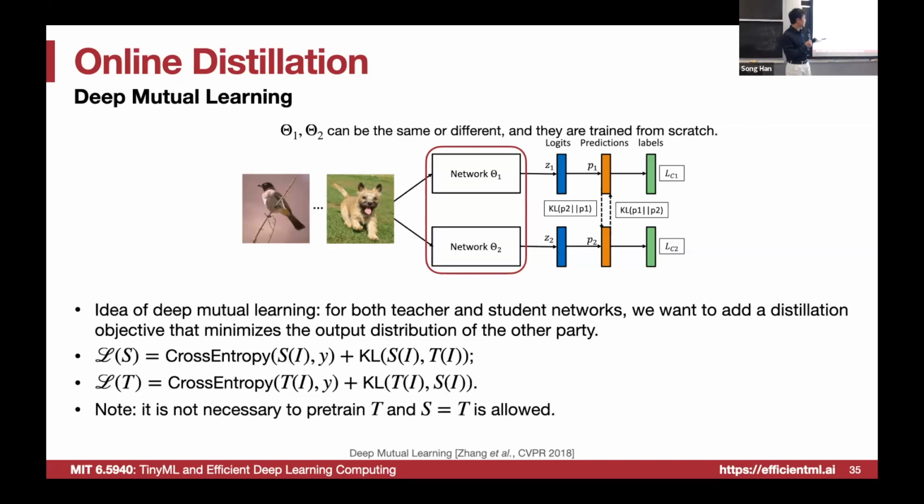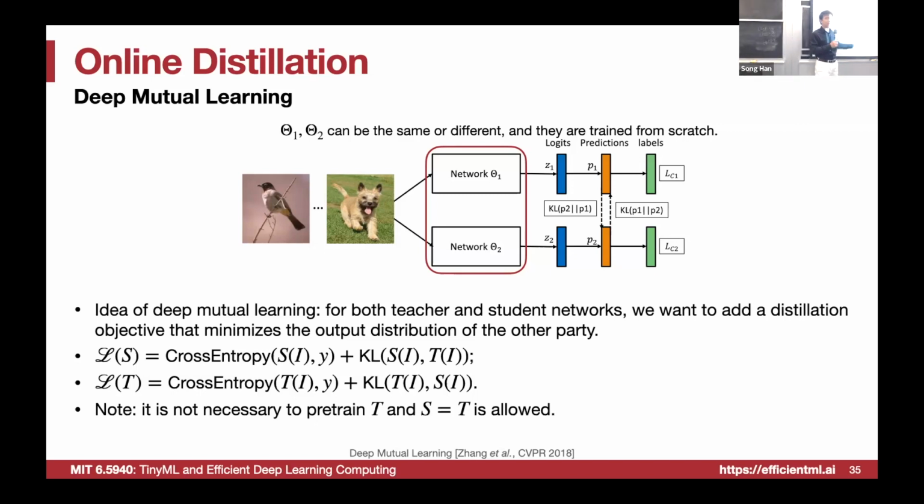So that's why here, the loss for the teacher and the student both have two terms. One term is the normal cross entropy loss. Given the input, this is the student's prediction, this is the teacher's prediction, and Y is the label. That's the normal classification cross entropy loss.